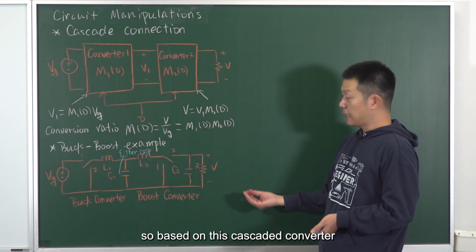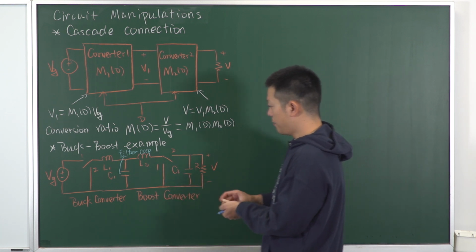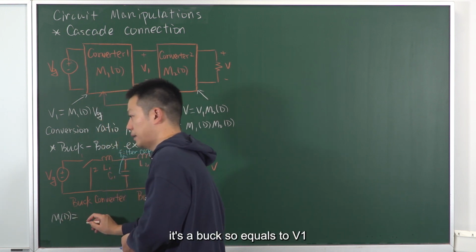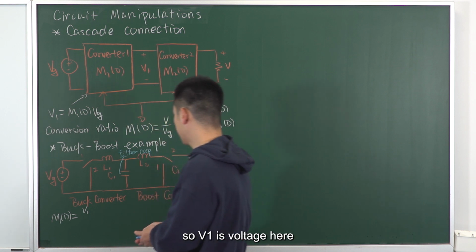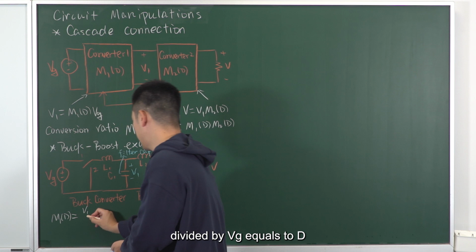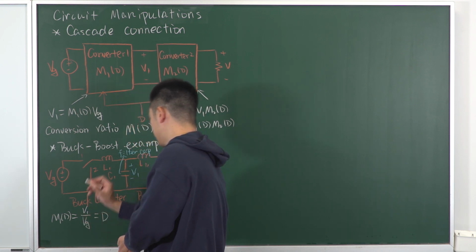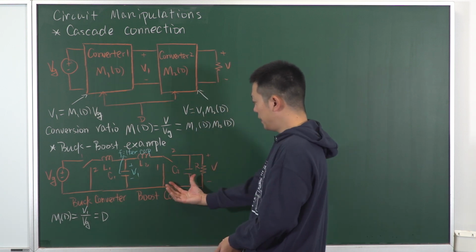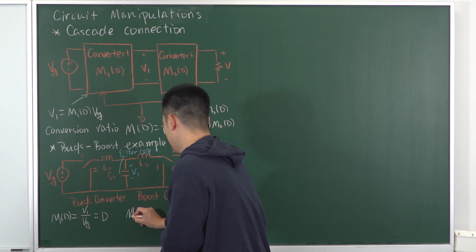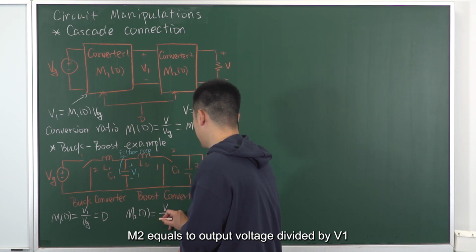So based on this cascaded converter, we can see that M1 is a buck, right? So M1 equals V1, the voltage here, divided by Vg, which equals D. And for the second stage, M2 equals output voltage divided by V1.